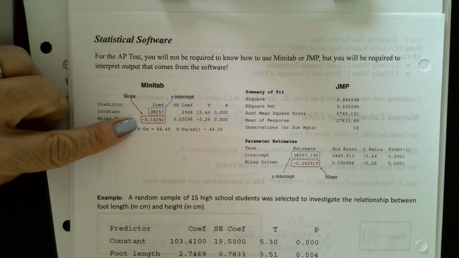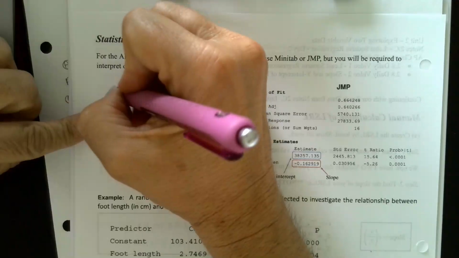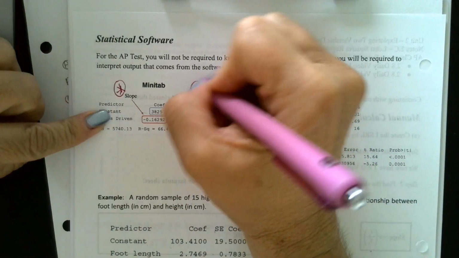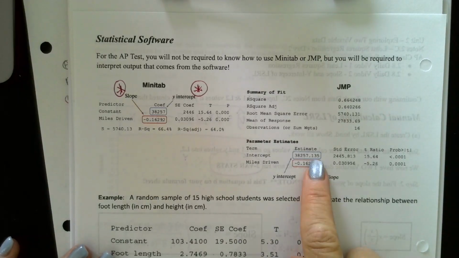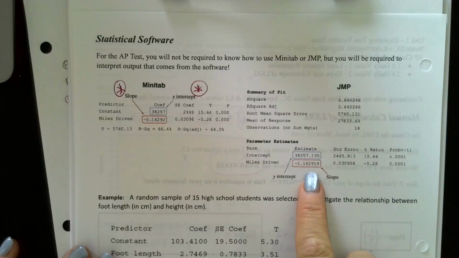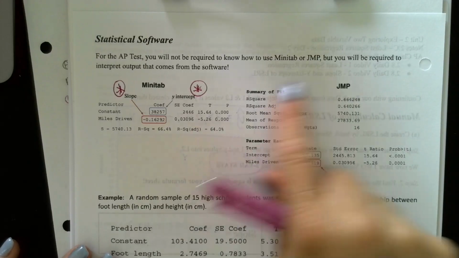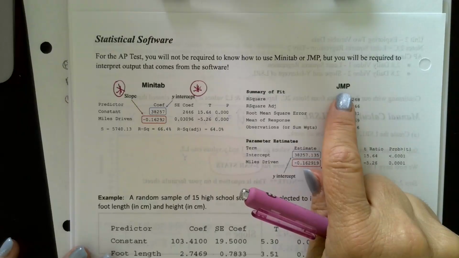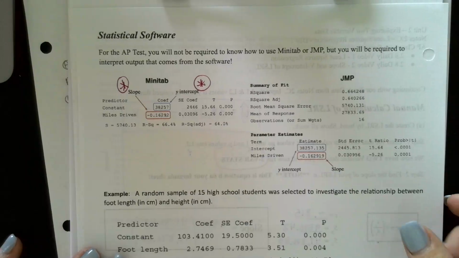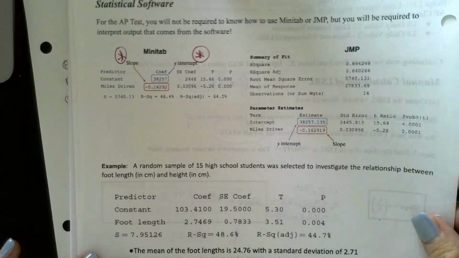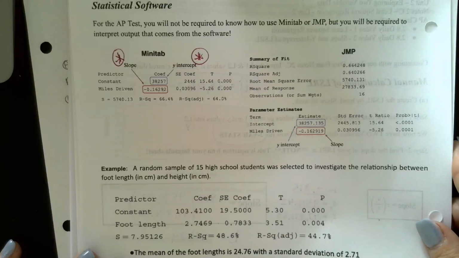You just have to know that. So you have to memorize these two, and they're always in the same location. It's the same thing over here. The y-intercept is the top one, the slope is the bottom one. And this is what the printout looks like with this statistical software. Okay, there's nothing that I can tell you that's going to help you remember that, except you just have to remember it. Y-intercept's first and slope is second.